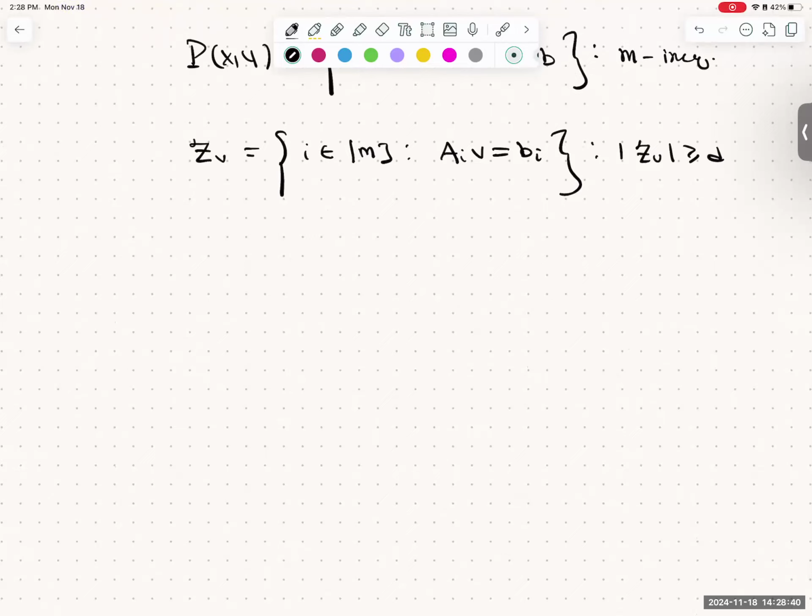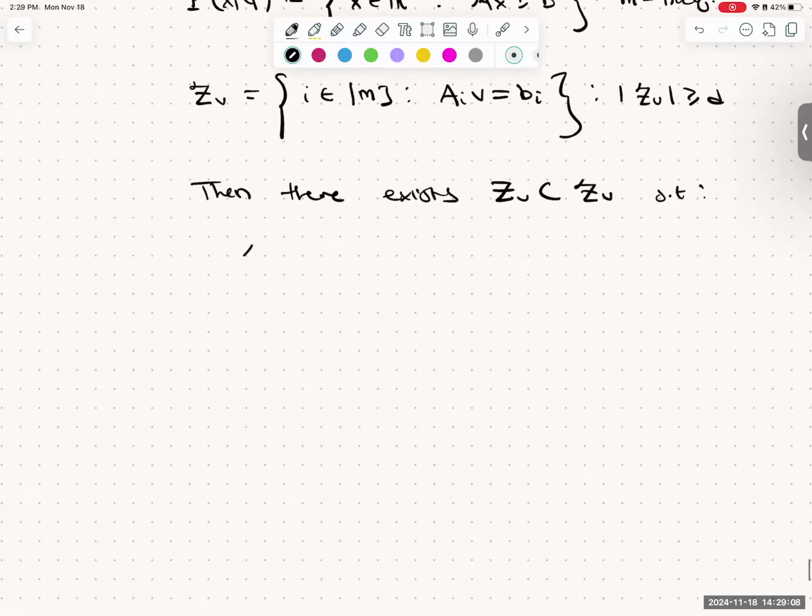So it has to be greater than or equal to D. And then what that means is that for all such elements in there, there exists some subset of Z_V such that A_I1 V equals B_I1 all the way to A_ID V equals B_ID.